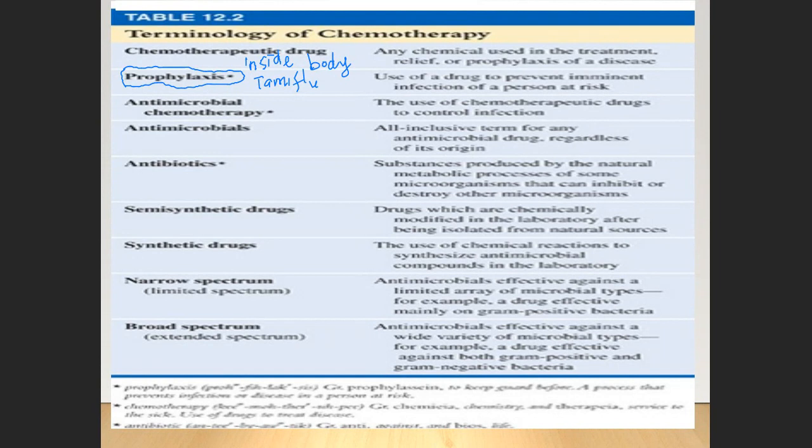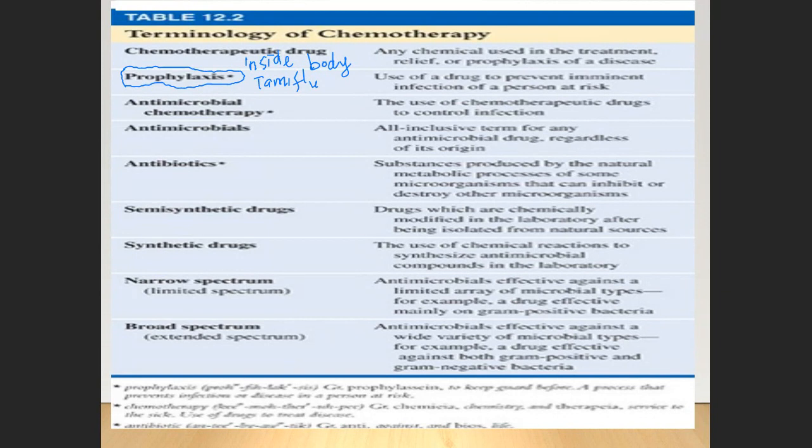It can be used for curing flu, H1N1 if you have that flu, but it can also be taken by a family member who does not have the flu, but tries to protect themselves from getting the flu from another family member who has it. So this is what we call prophylaxis, which is the medicine or drug that is used for prevention against some disease.